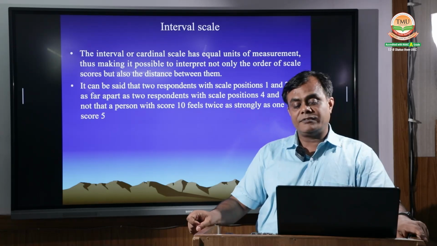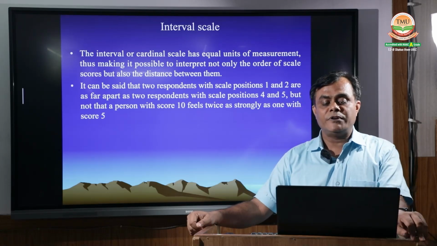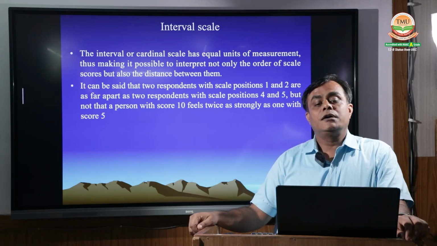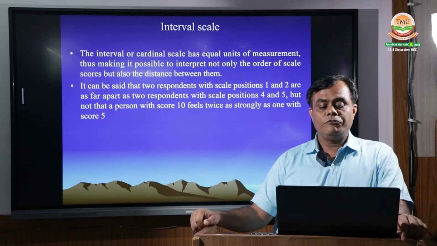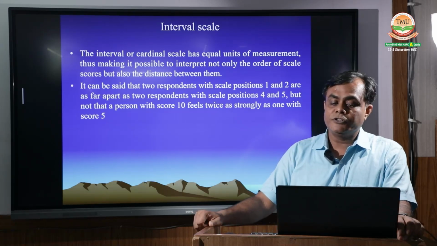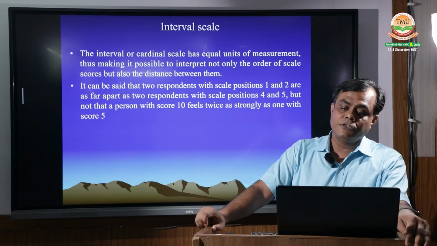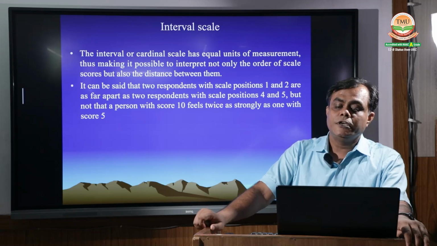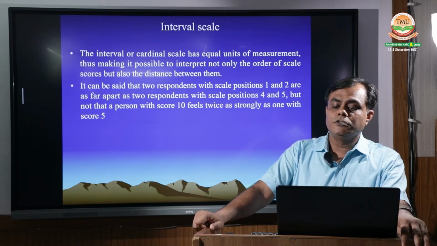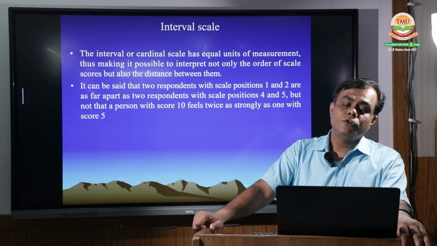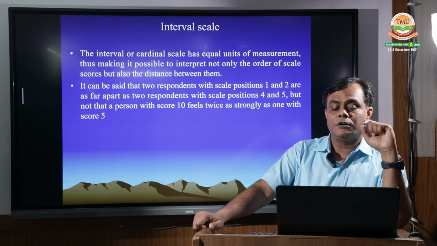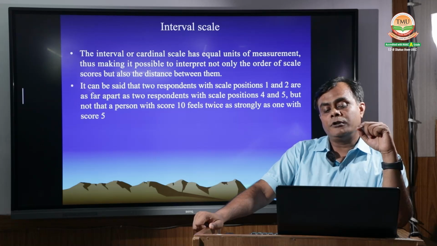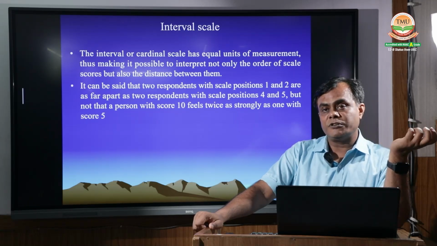So the interval scale is a type of measurement called a cardinal measurement, and in cardinal measurement we use units of measurement that can interpret not only the order of a scale score but also the distance between them. So in an interval scale we create the order and we also use the distance between them.